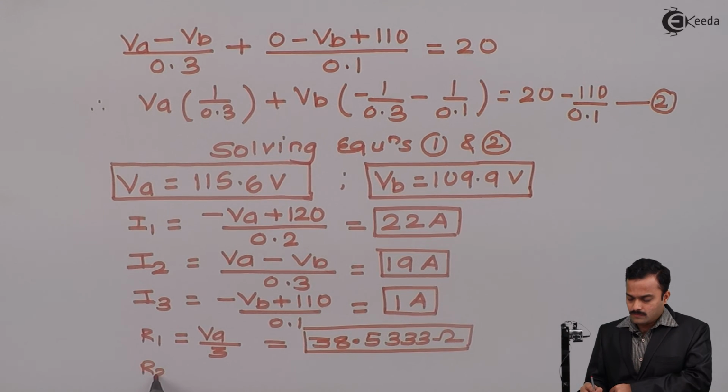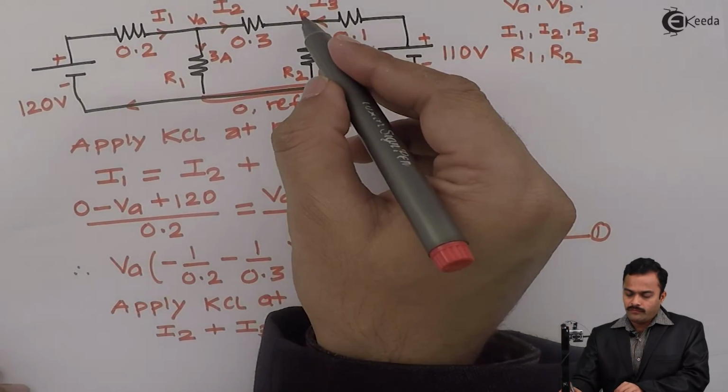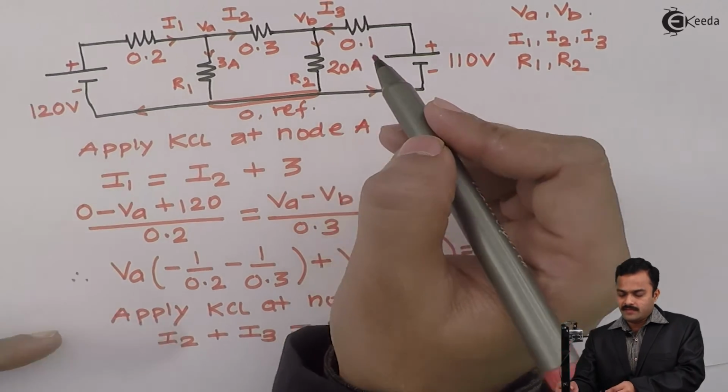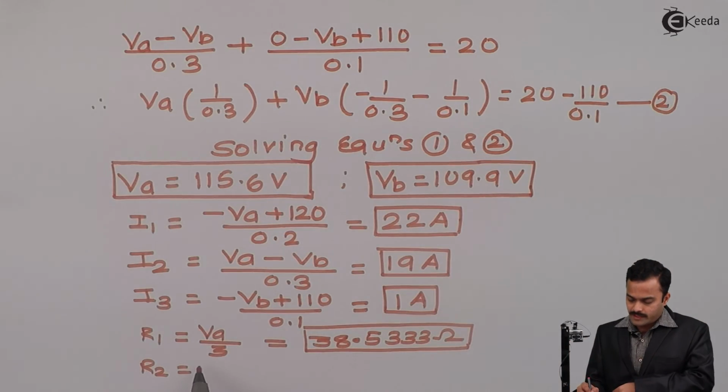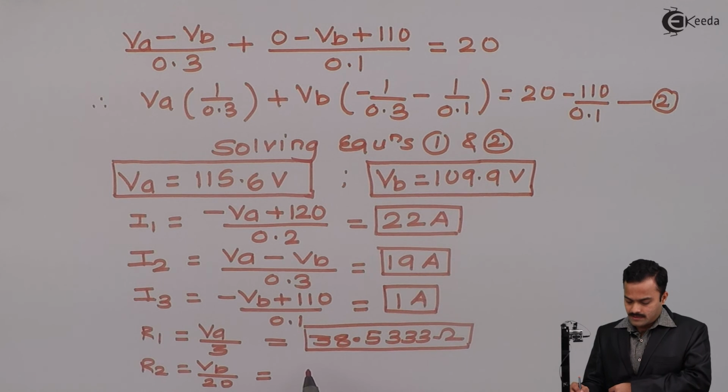Similarly, R2 we can get by knowing the value of VB and this current. VB we got, and 20 ampere is given. So simply by Ohm's law, VB divided by 20, and the answer I will get is 5.495 ohm.